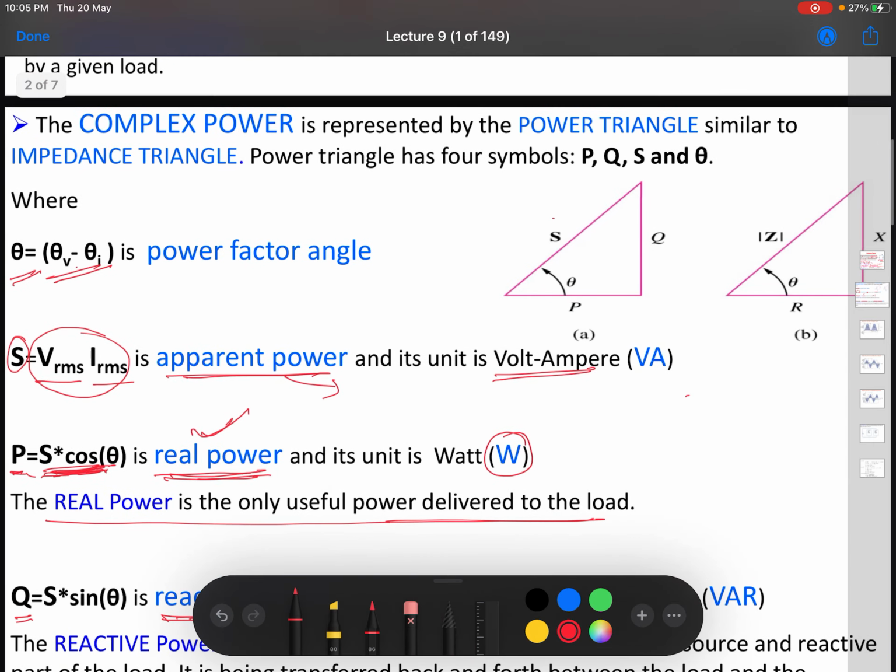This can also be seen in the form of a power triangle. If you multiply V and I you get S, and then depending on theta you can find what P and Q are. So it is basically a right angle triangle where this is real power, this is reactive power, and then you have S, which is the apparent power.